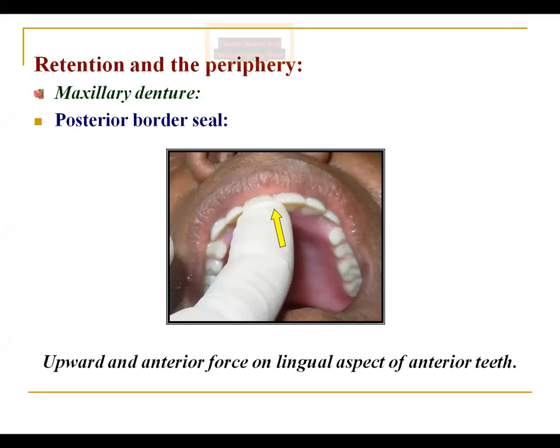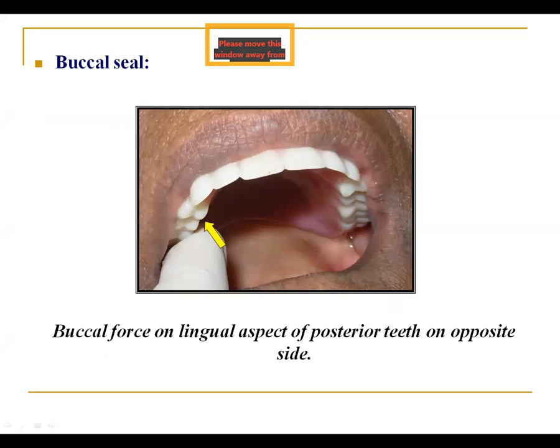Give an upward and anterior force on the lingual aspect of your anterior teeth with your thumb or index finger. If the denture lifts from behind, there is a loss of retention. Just like we check the buccal seal, we can give a buccal force on the lingual aspect of the posterior teeth on the opposite side to check the retention of the maxillary denture.